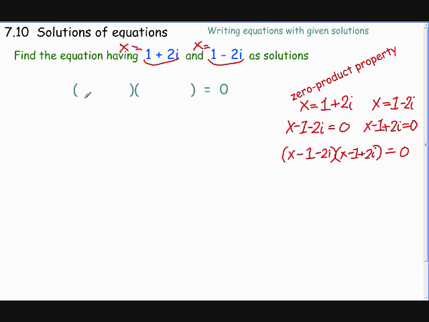Well, I'm going to write it up here. That's what this was all set up for. x minus 1 minus 2i, and x minus 1 plus 2i. I want you to stare at this for a moment. There's something which I am very fond of.